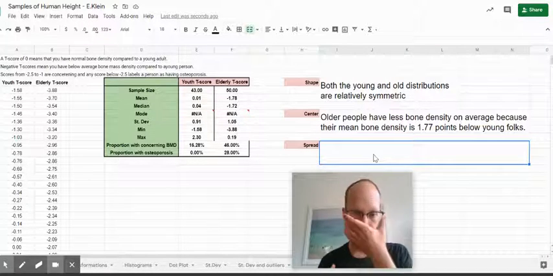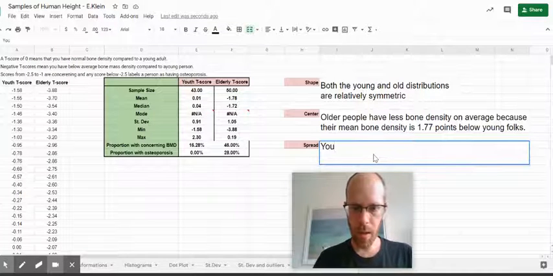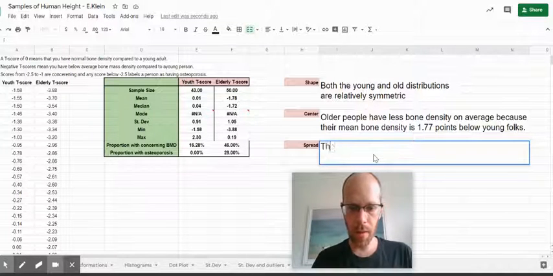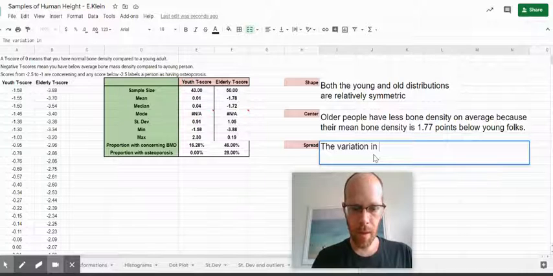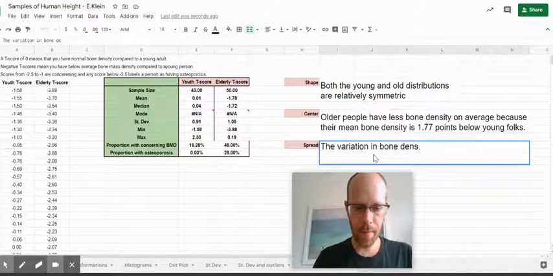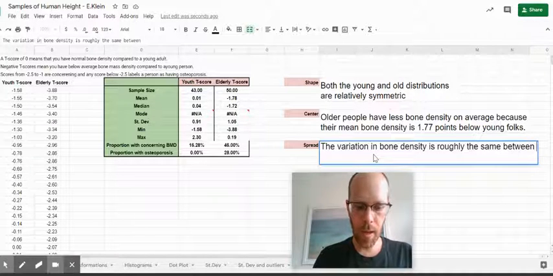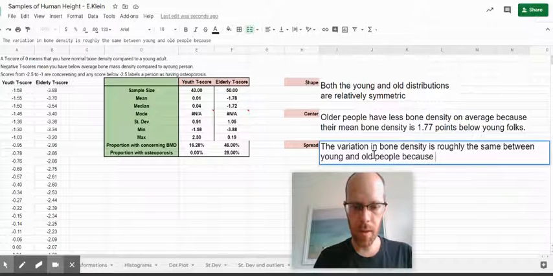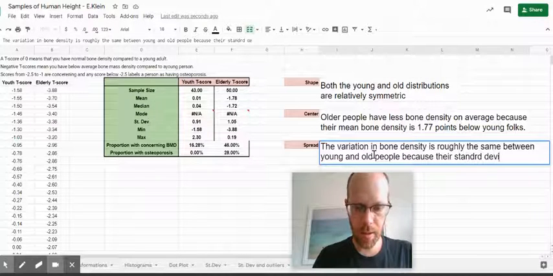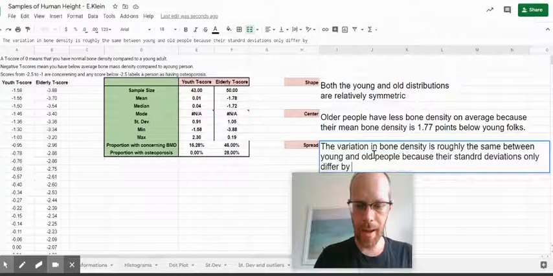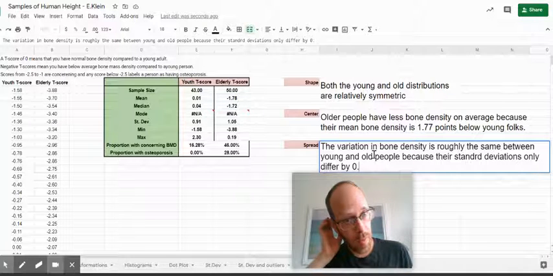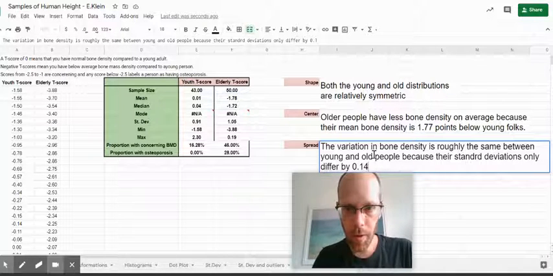And so I would say in this case that the variation in bone density is roughly the same between young and old people because their standard deviations only differ by 0.14.